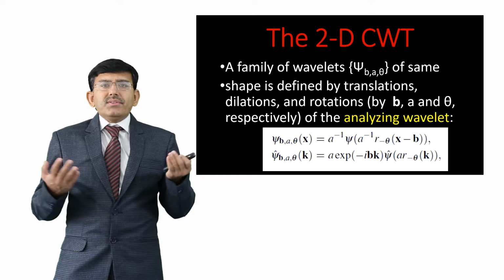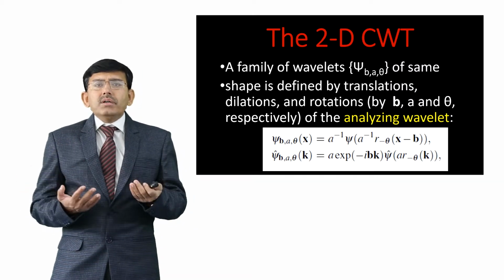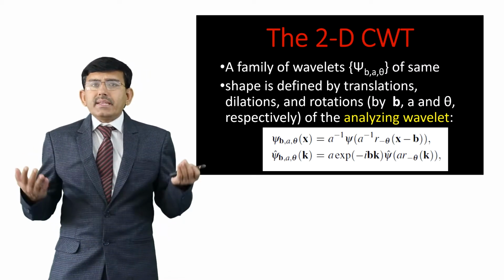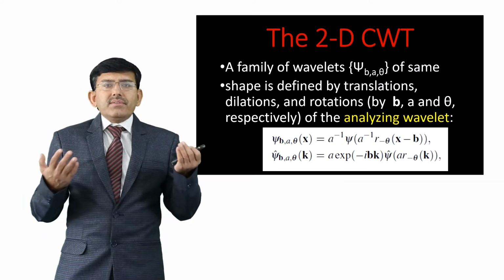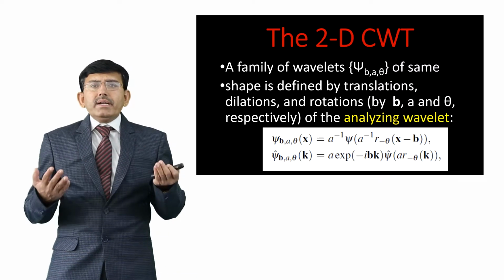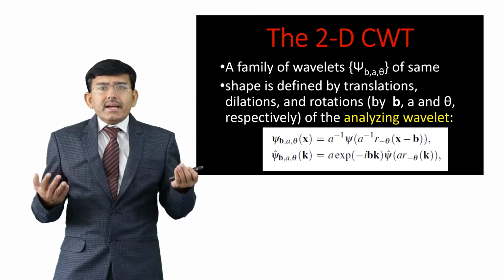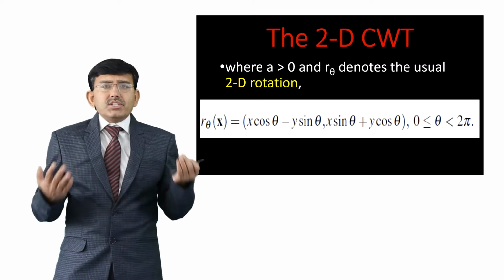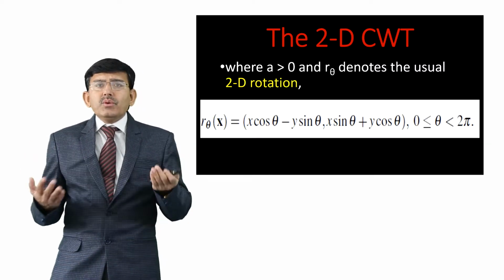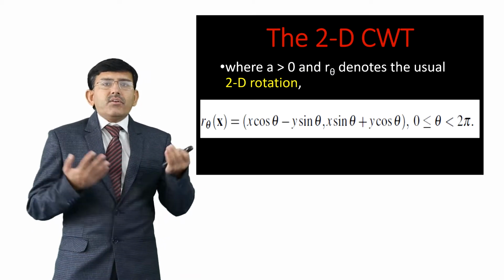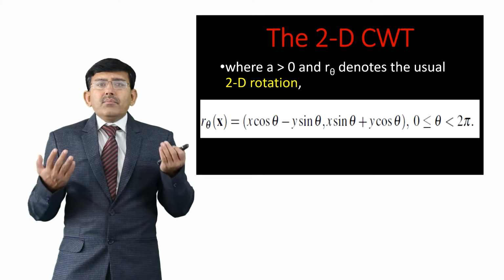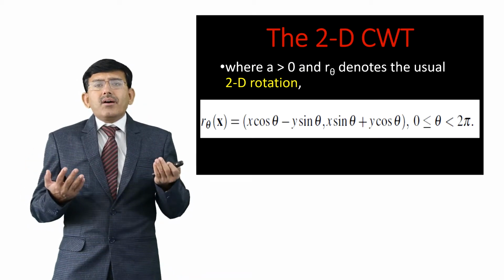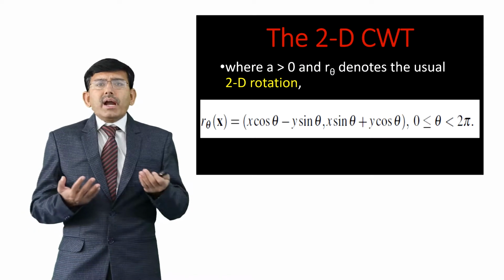So ψ_baθ(x) = a⁻¹ ψ(a⁻¹ r₋θ(x − b)), or ψ′_baθ(k) = a e^(−ikb) ψ′(a r₋θ(k)), where a > 0 and r_θ denotes the usual two-dimensional rotation: r_θ(x) = (x cos θ − y sin θ, x sin θ + y cos θ), θ between 0 and 2π.